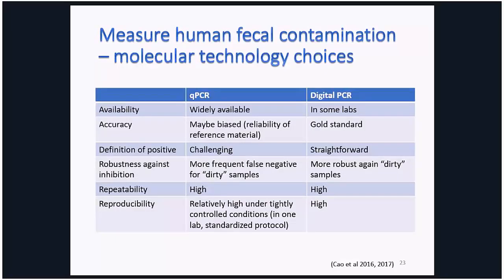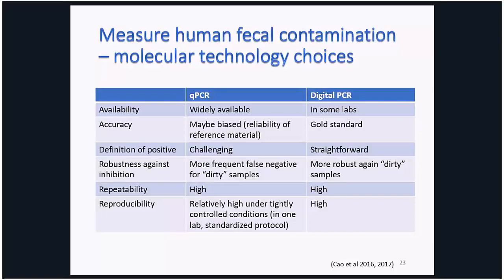Now that you decided to use HF183, what method do you actually use? I'm not going to go into the technical details of comparing qPCR and digital PCR. The bottom line is digital PCR is superior in performance. So if it's available, that would be my recommendation. However, a lot more labs have qPCR equipment. It's more widely available.